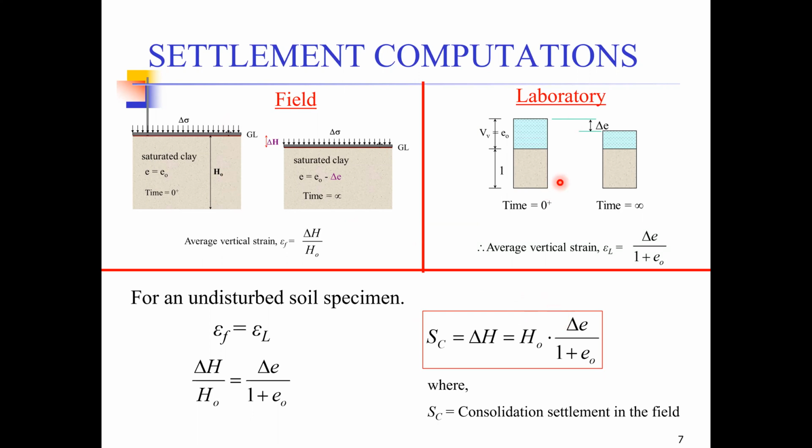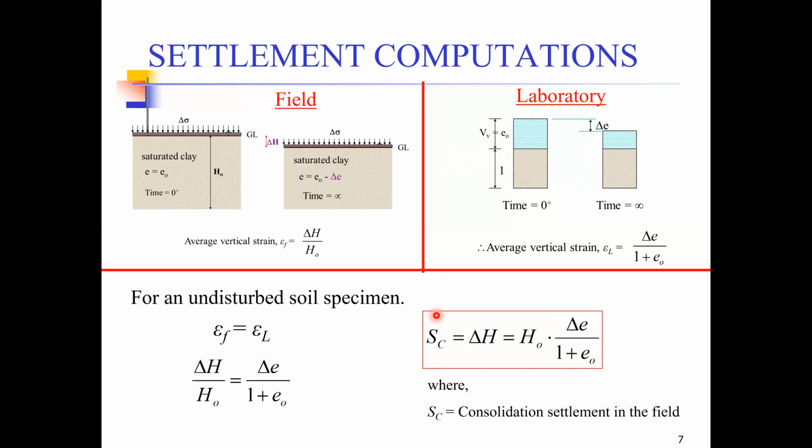However, this is something which we will discuss more in our coming slides. And E naught is something we can also get from our laboratory testing. So some information we are getting from the field, some from the laboratory, and finally by using it we can determine consolidation settlement.